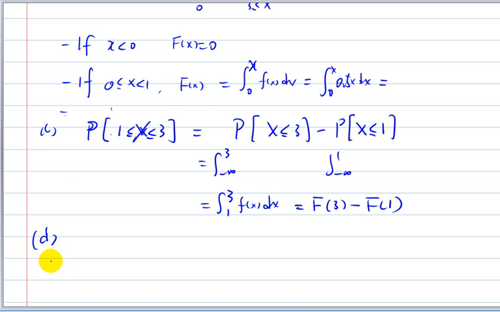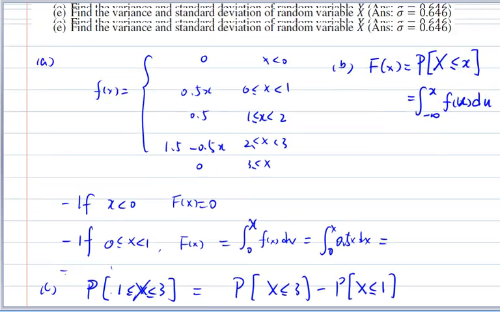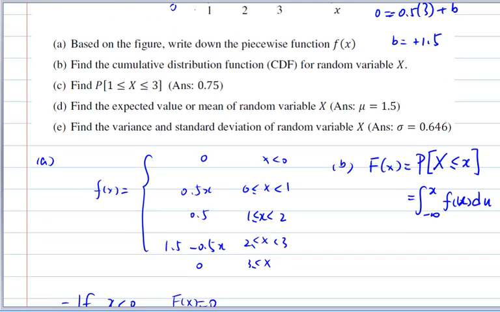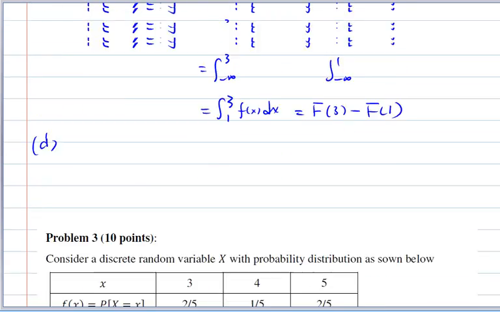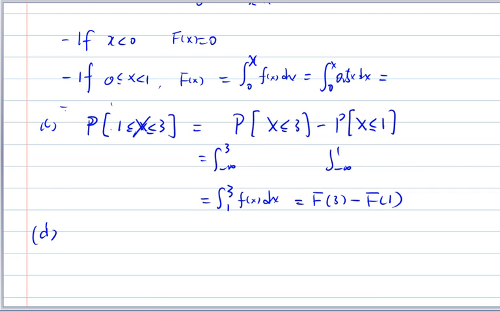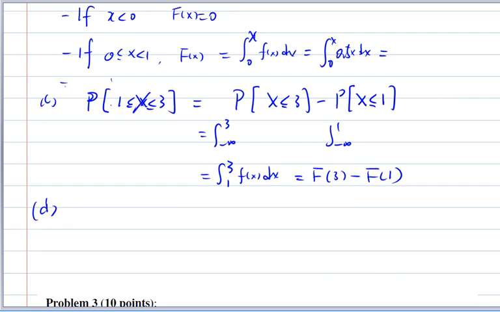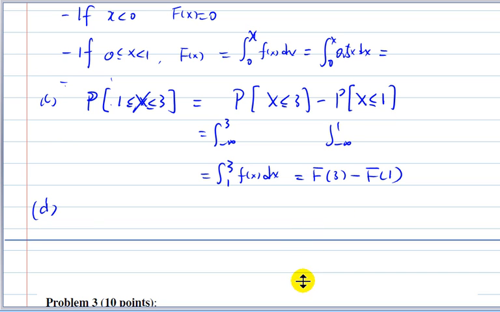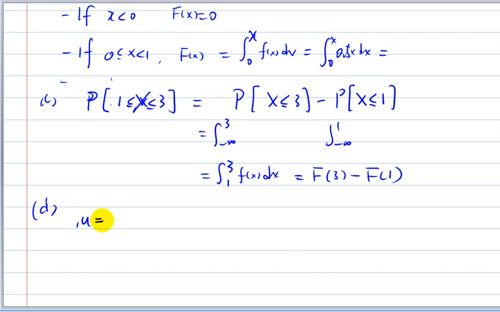The last part, D, asks you to calculate the mean value of this random variable. So let's calculate that purely based on the mathematical equation. What's the equation? This is a continuous variable, so the mean equals the expected value.